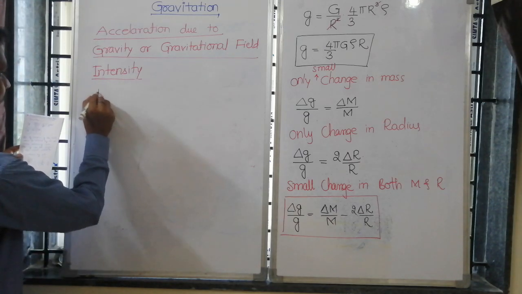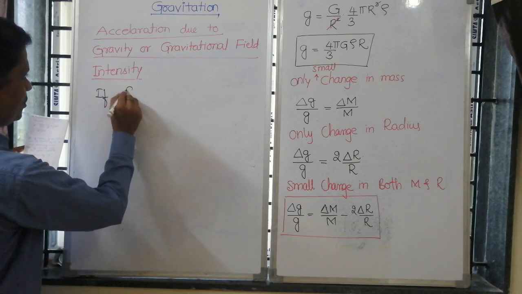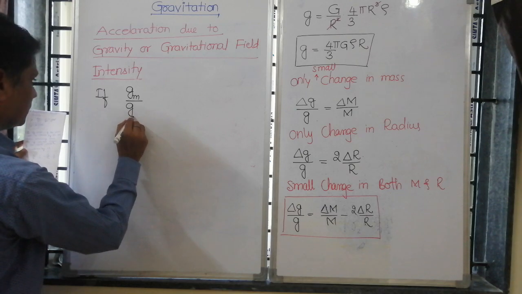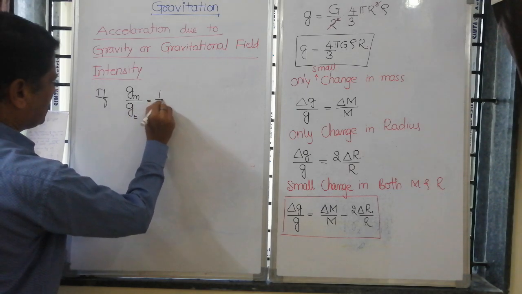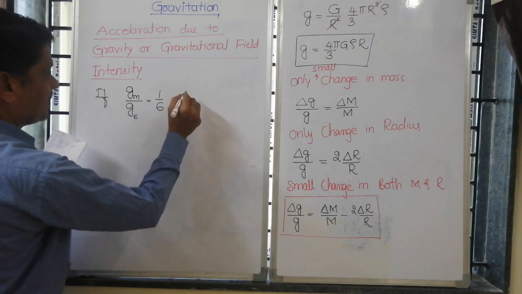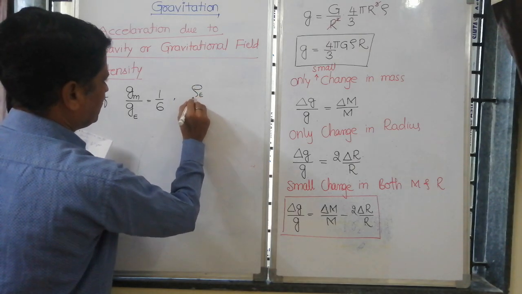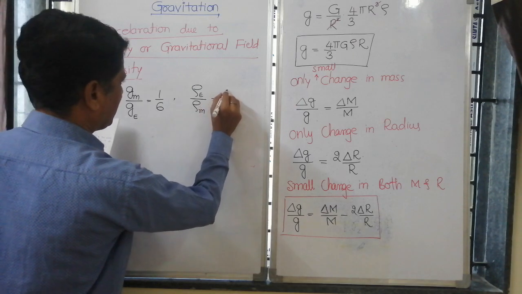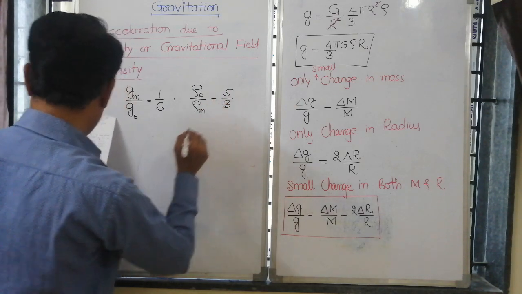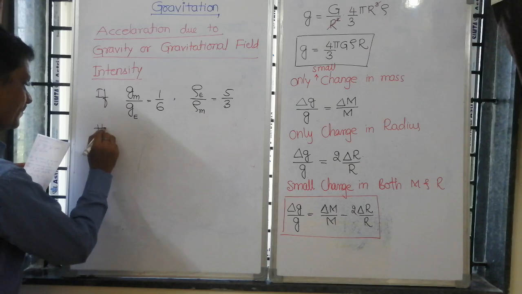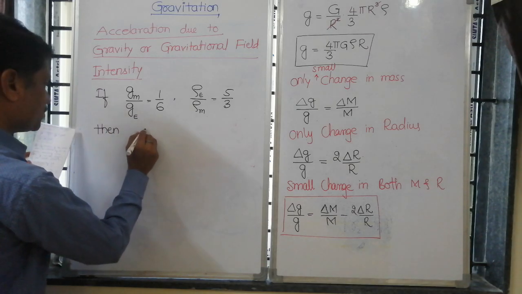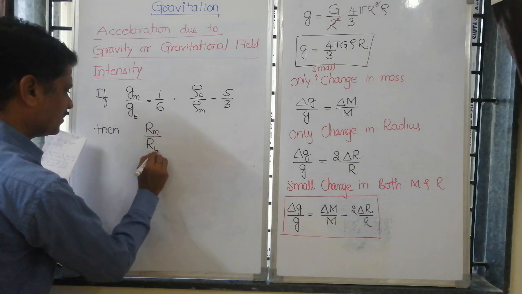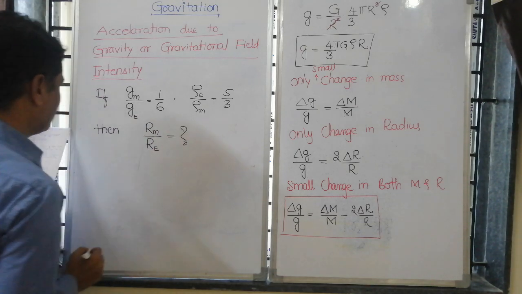If g on moon by g on earth is 1 by 6 and density of earth divided by density of moon is 5 by 3, then what is the ratio of radius of moon to the radius of earth? First question.